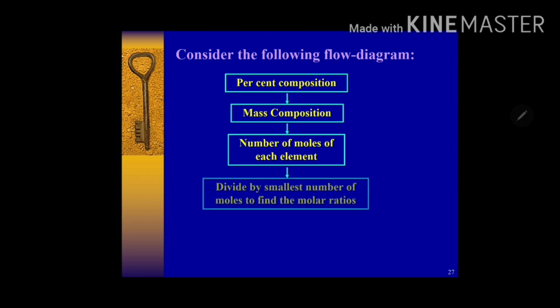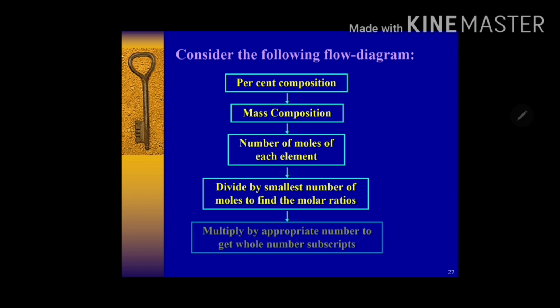Then you divide by the smallest number of moles to find the molar ratios, the smallest ratios, and then multiply by an appropriate number to get whole number subscripts. So this is the flow diagram to find the empirical formula.